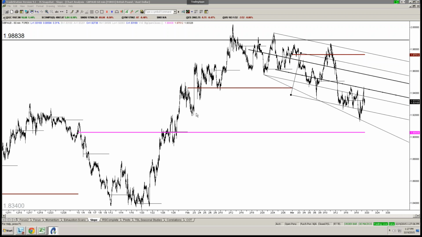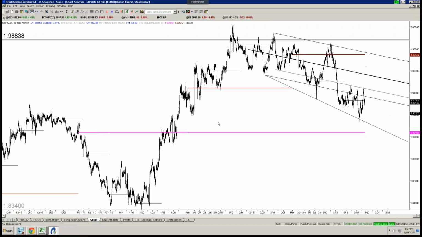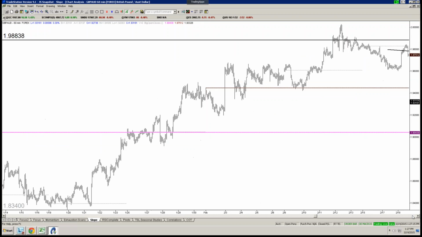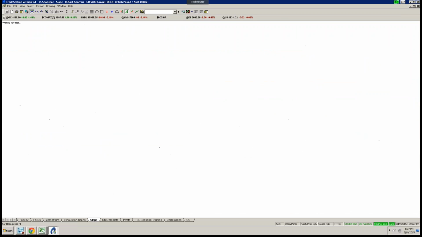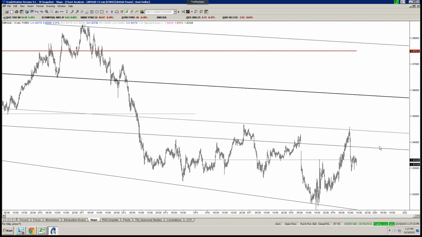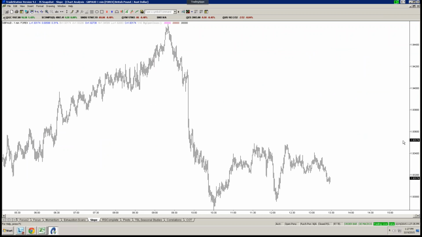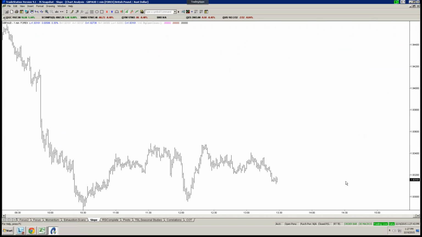It looks like former support is becoming resistance right here. It was kind of nothing for a while, but then it's been pretty good the last couple days. And if we move into the short-term chart, this might actually be a decent market to trade. The impulsive decline, and then get a little pop higher and look to short some pound Aussie.